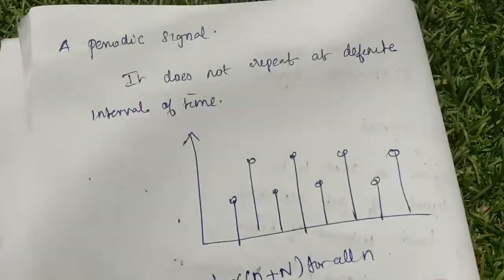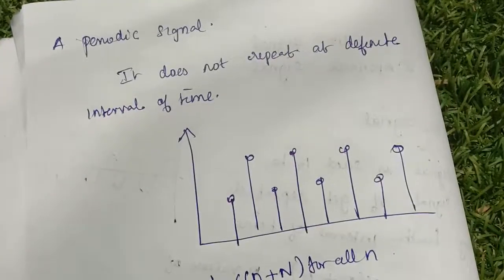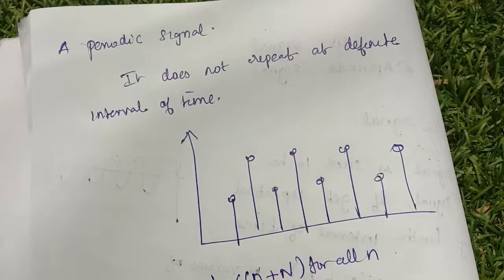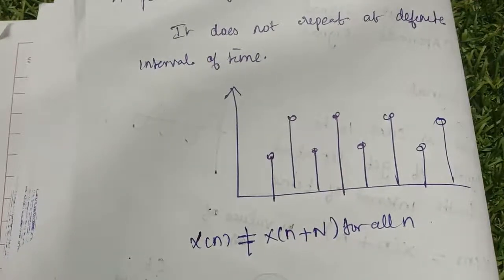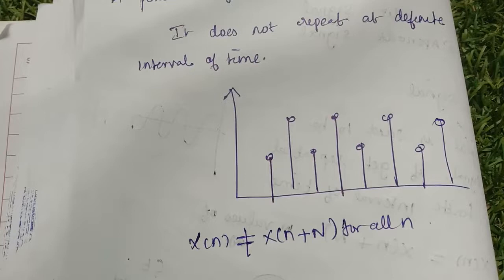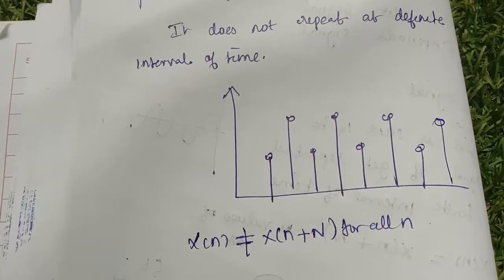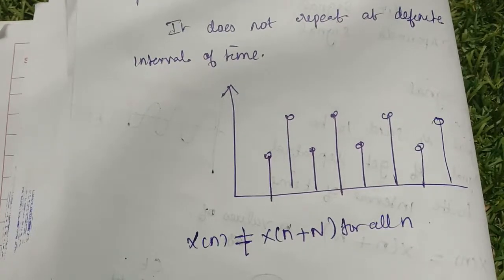Aperiodic is nothing but it does not repeat at any definite interval of time. It does not follow any interval of time; it will have random values. Mathematically, an aperiodic signal is x of n not equal to x of n plus N for all n values.